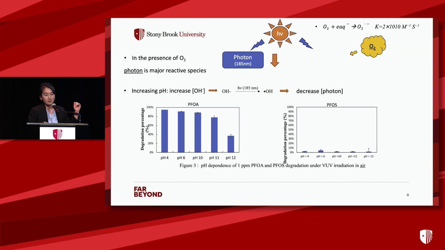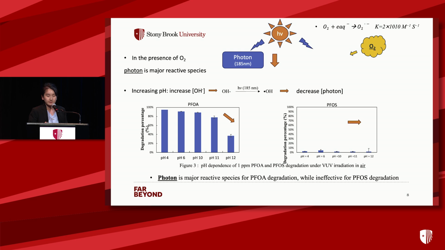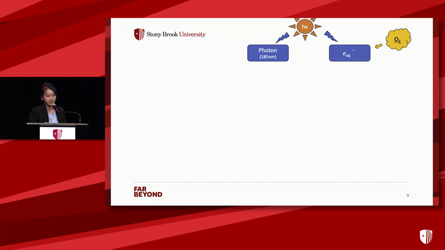We observe that the PFOA decomposition rate decreases when we increase the pH, and that degradation of the sulfonic compounds is unchanged. Based on these observations, we conclude that photons are the major reactive species for PFOA degradation. However, they are ineffective for PFOS degradation.